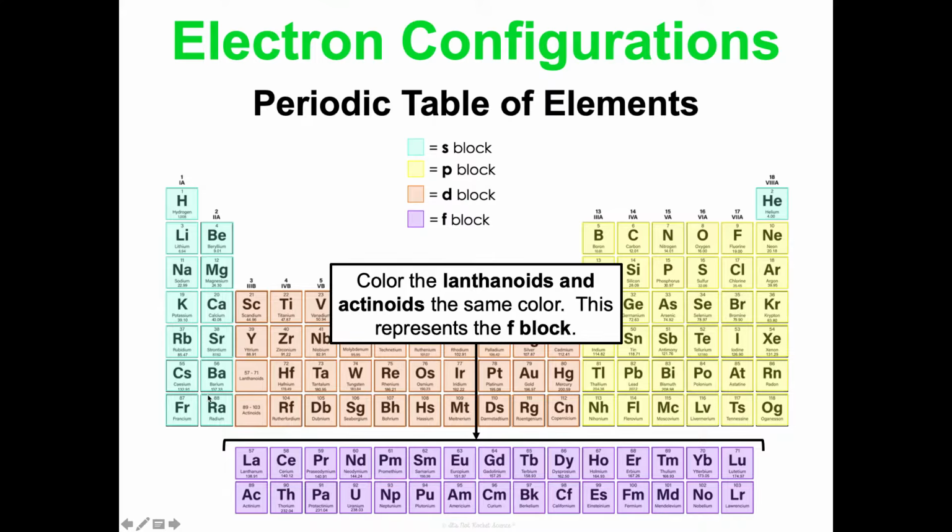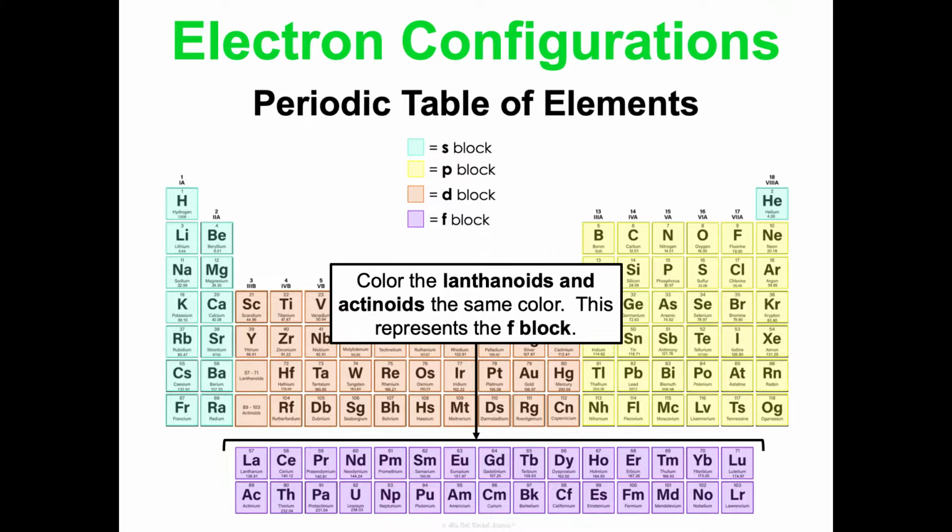Which best follows the pattern? Technically, these two elements, 57 and 89, don't have any electrons in the f block. So some argue that really La and Ac should go here and then all of these scoot behind them. They should go up in the d block because they should be that 6d1, which we're going to see in a second.